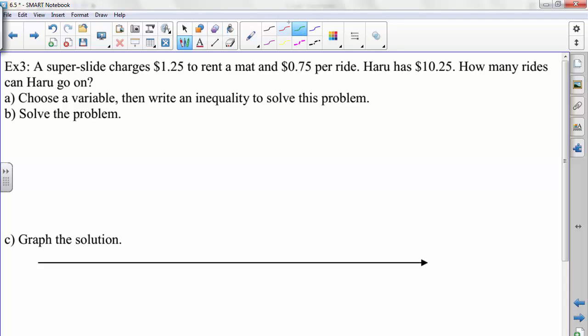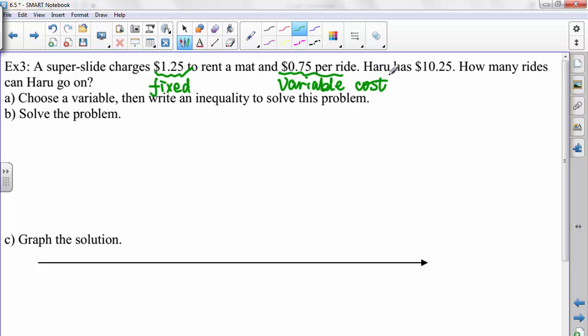In this sentence, most of you will realize that this question has two different types of costs. $1.25 to rent the mat is the fixed cost. And $0.75 per ride is the variable cost, so this cost varies depending on the number of rides you take.